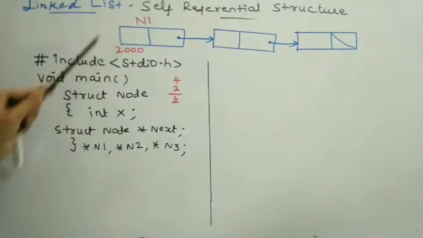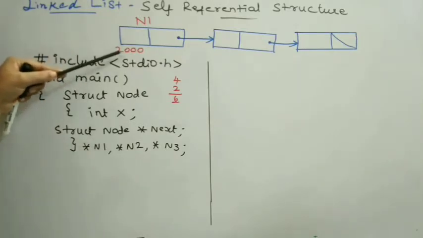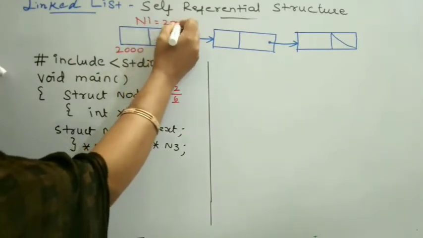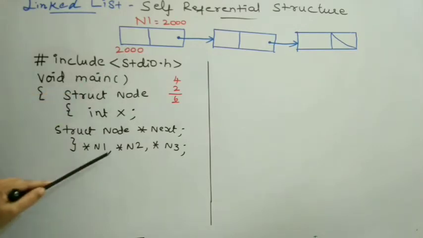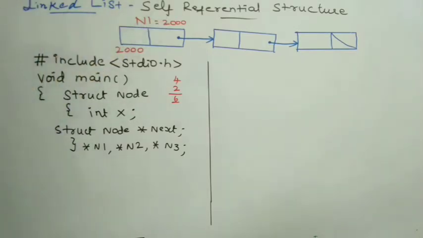Since n1 is a pointer variable, 2000 is the starting memory address for this node, so 2000 will be assigned to n1. Can we assign? Of course, 2000 is a memory address and n1 is a pointer variable. To a pointer variable, I can assign a memory address.